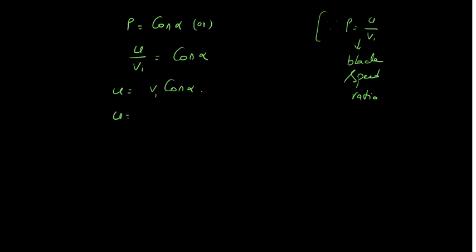u equals Vw1, right? Again, what is Vw1? V1 cos alpha, and the value of Vw2 should be 0. The relation between the blade efficiency and the blade speed, we can get from the previous derivations, right?